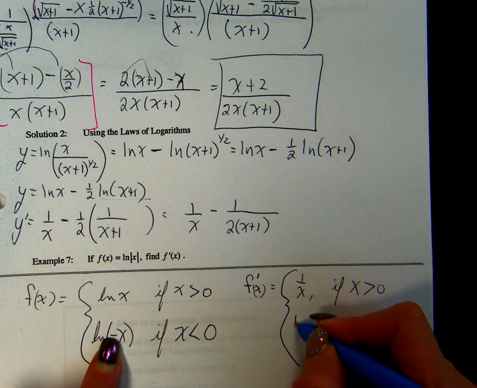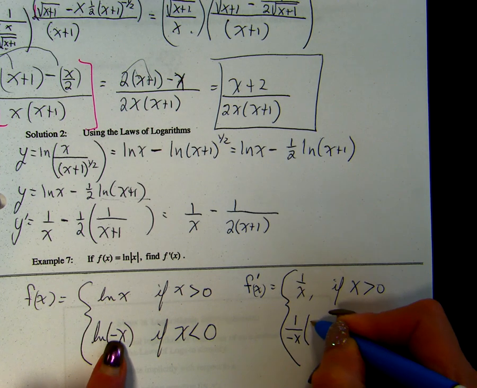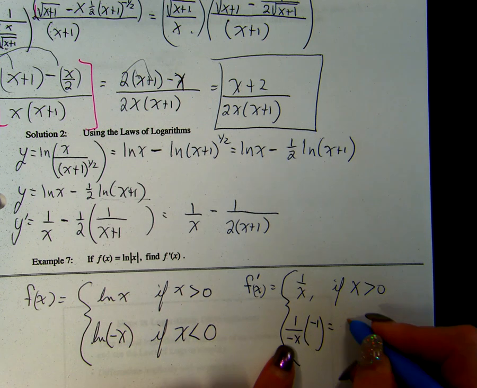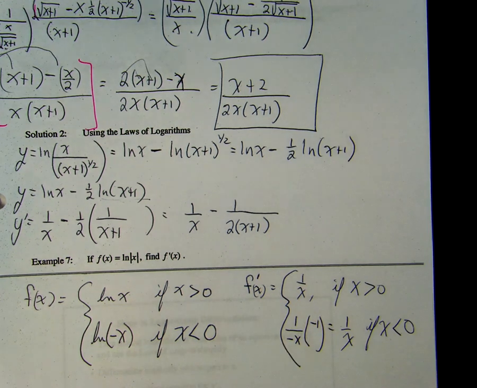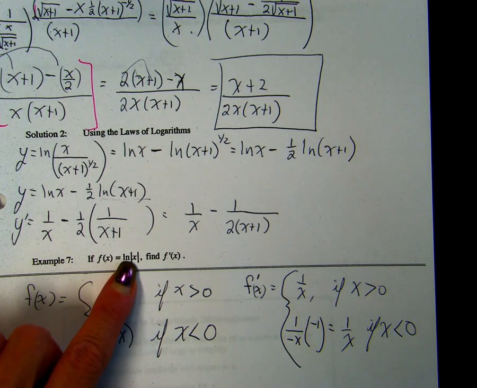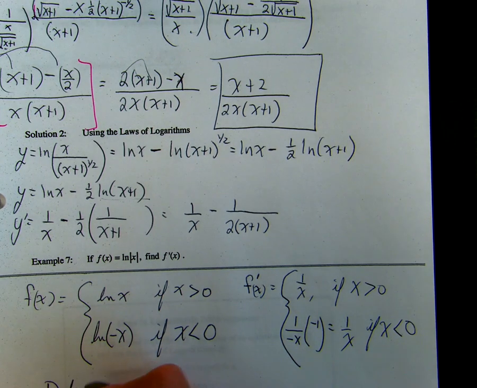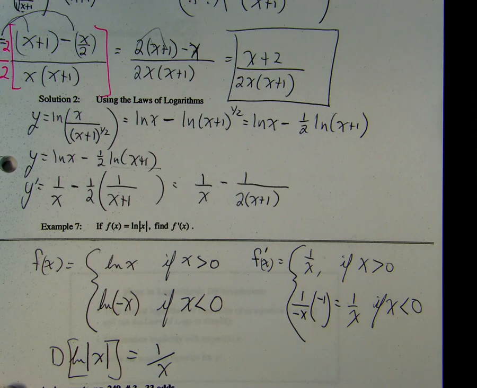The derivative of ln negative x is 1 over negative x times the derivative of the inside function, which is negative 1, which just gives you 1 over x if x is less than 0. So the derivative of ln absolute value x is still just 1 over x.